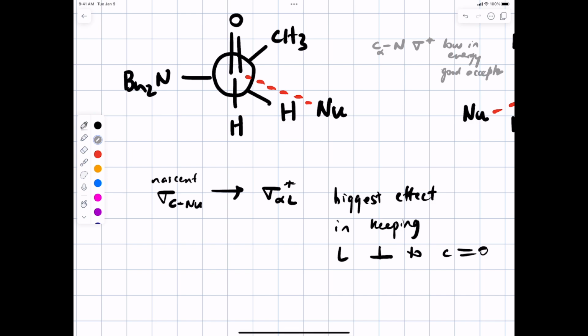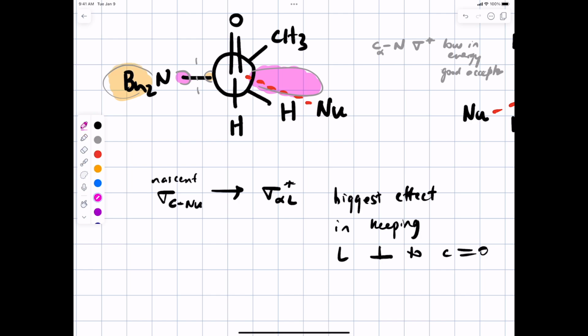And we can draw that orbital. There would be a node here, a lobe there, another lobe there. I guess we, oh, nope, wanted the highlighter. There we are.